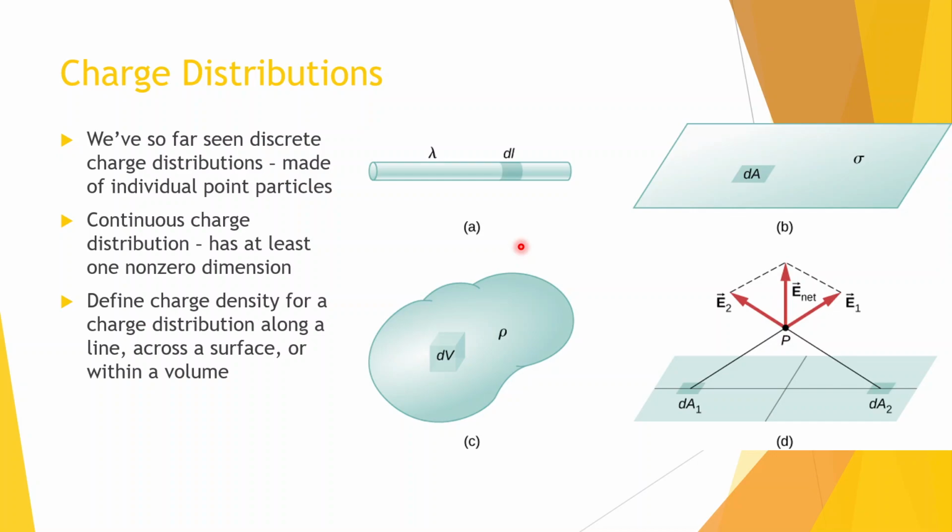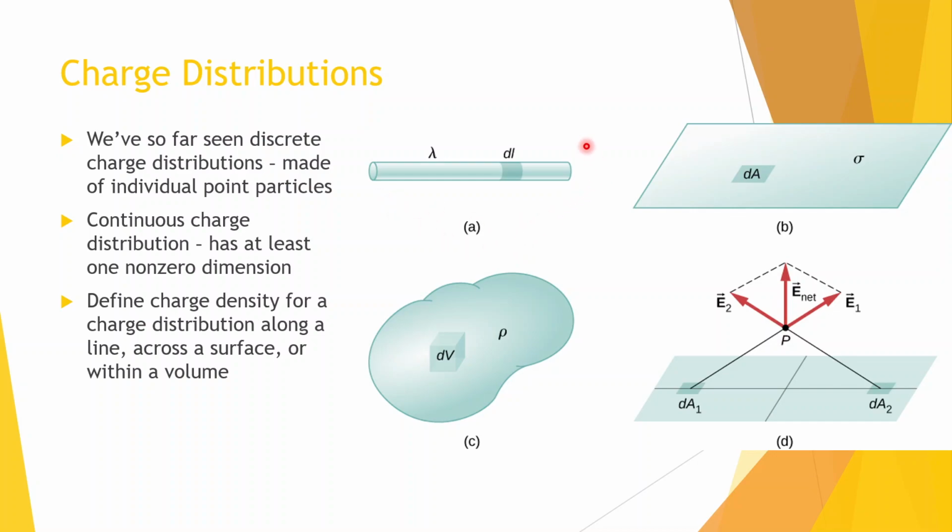These are continuous charge distributions that have at least one non-zero dimension, meaning they have maybe 1, 2, or 3 dimensions. With that, we need to define a charge density for the charge distribution along a line, across a surface, or within a volume. With each of those, we need to define some sort of charge density in order to find what the electric fields are for these cases.